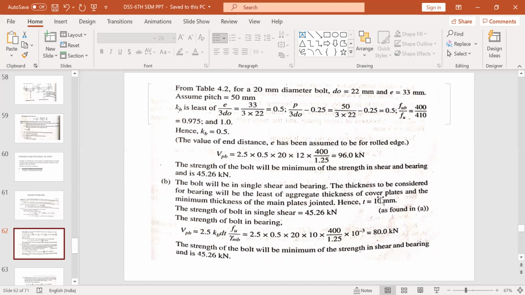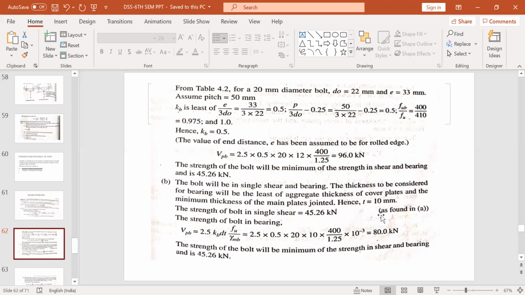All these specifications are given in the IS 800 code book, or in the book also. So you go through those clauses. The thickness to be considered for bearing will be the least of the aggregate thickness of the cover plates and the minimum thickness of the main plates.